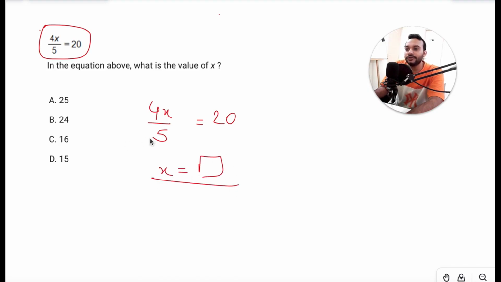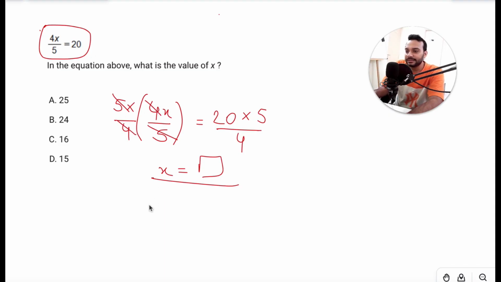For that, first I'll get rid of the 5. I'll multiply both sides with a 5. You do the reverse operation of what you want to get rid of. So this multiplication would lead to the cancellation of the 5 in the denominator on the left hand side. Next, I want to get rid of the 4. I'll divide both sides with a 4.